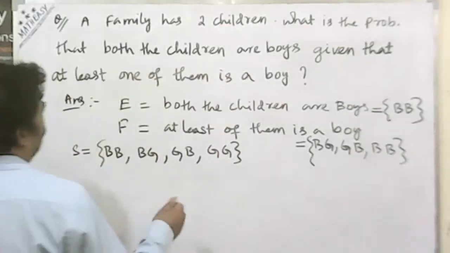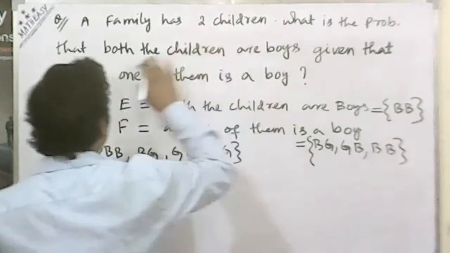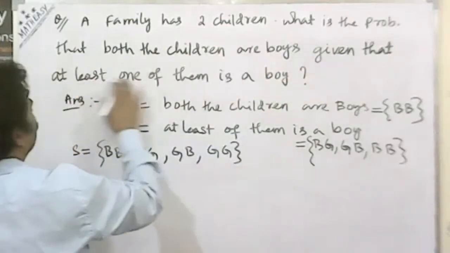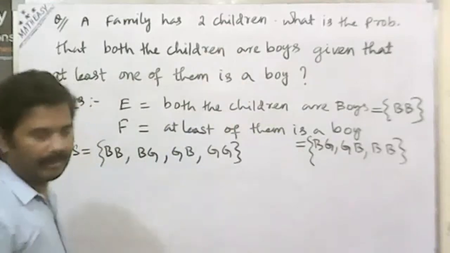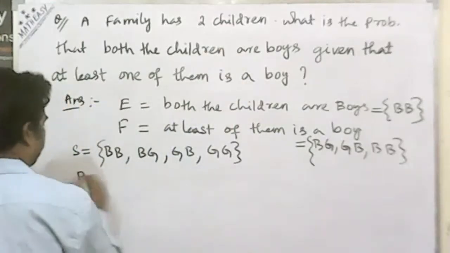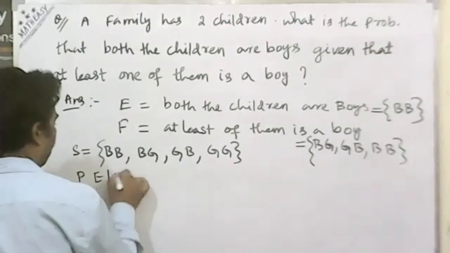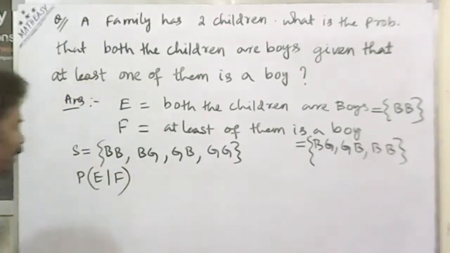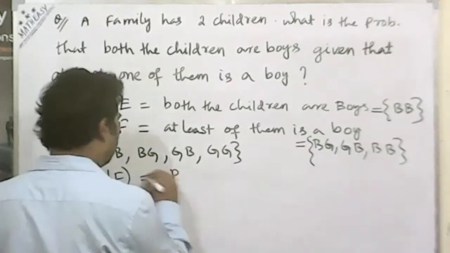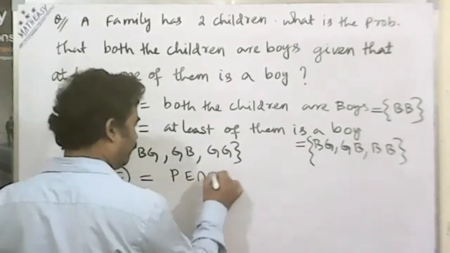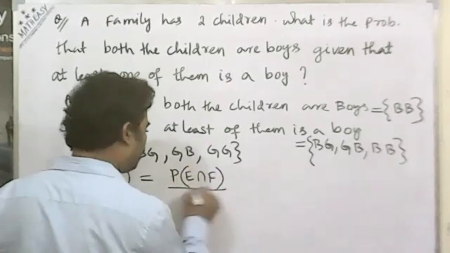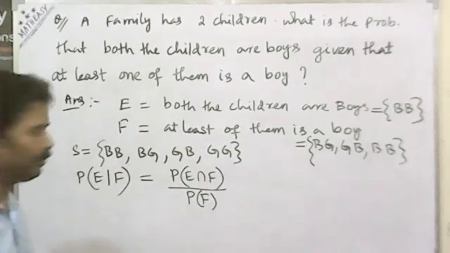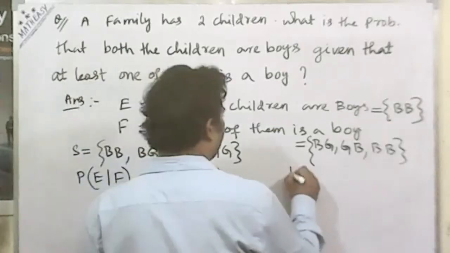Now, according to the question, what is the probability that both the children are boys given that at least one of them is a boy? That means probability of E condition of F. That means probability of E intersection F by probability of F. Now, what is the probability of F?